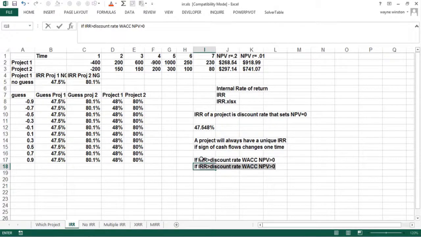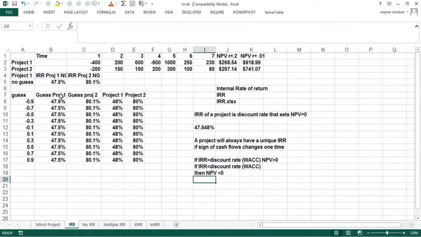If the IRR is less than the discount rate, or the WACC, whatever you want to call it, then the NPV is less than 0. If the IRR equals the discount rate, the NPV would equal 0 by definition.